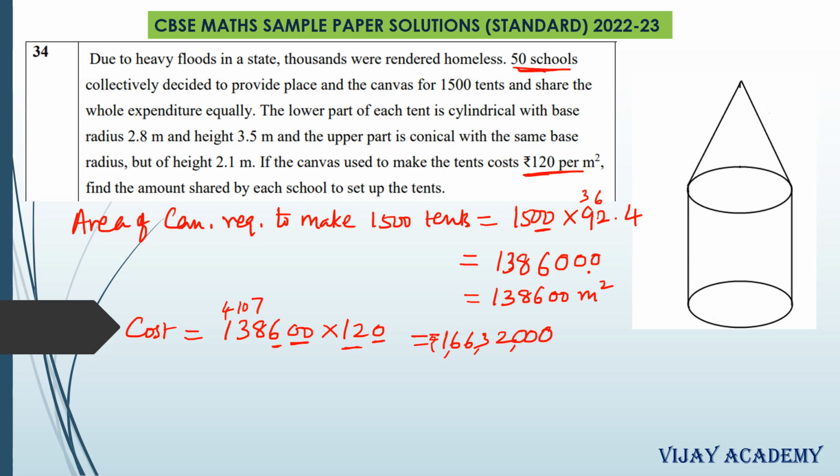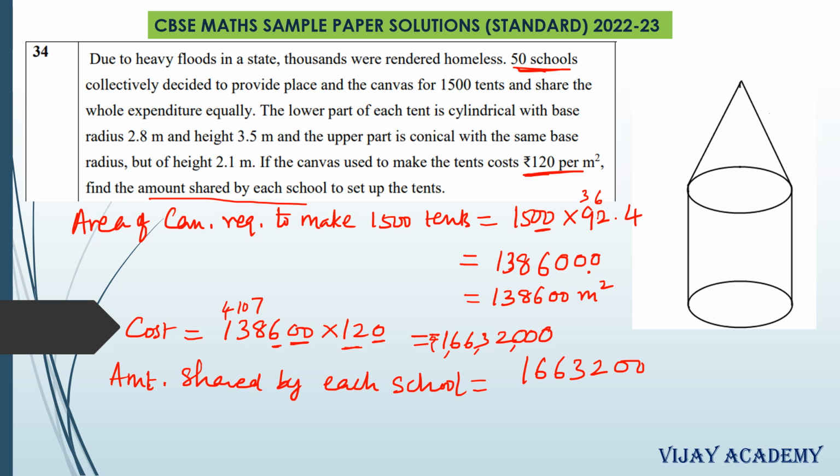And now this amount is shared by 50 schools equally. So amount shared by each school is equal to, we have to divide this amount by 50. 1,66,32,000 divided by 50. So we can cancel one 0 and divide the remaining part by 5.